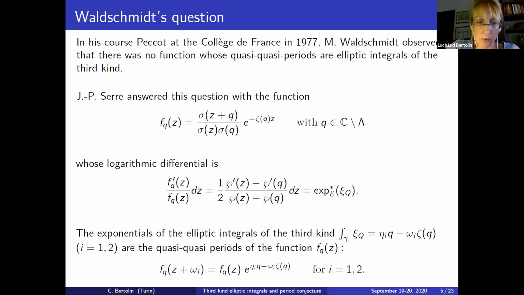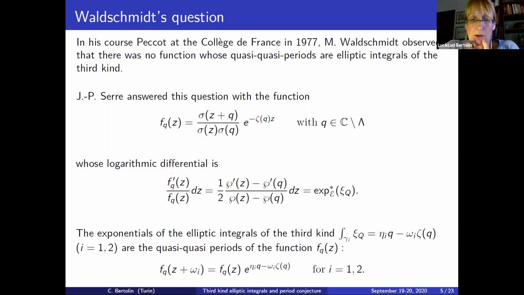And moreover, for the exponential of the elliptic integral of the third kind, first we do the integral of ω_Q along γ_i, which is equal to η_i q minus ω_i zeta(q). And then I have to take the exponential of this integral. So these numbers are the quasi-periods of the function f_q(z).